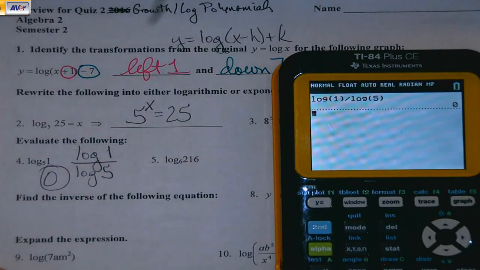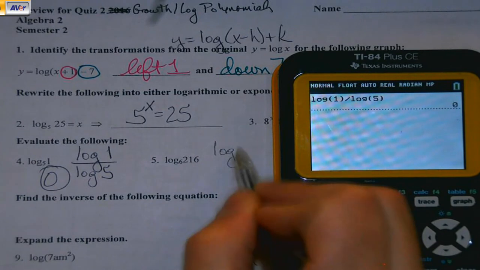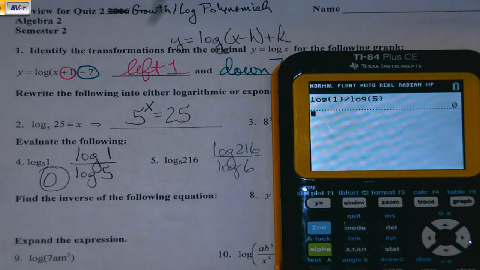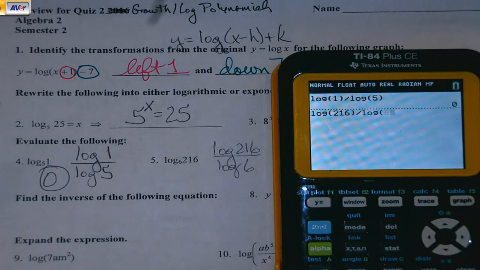And get my answer. And that's the same thing on every single one of these. Don't make life difficult. Log big divided by log little.